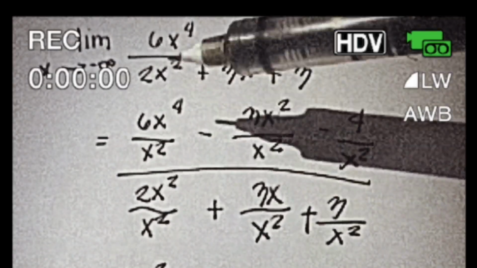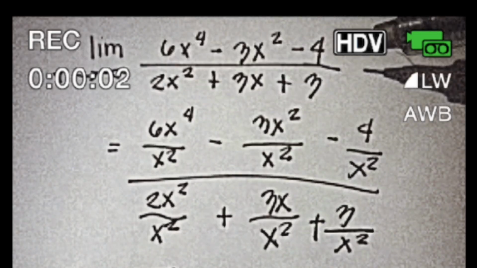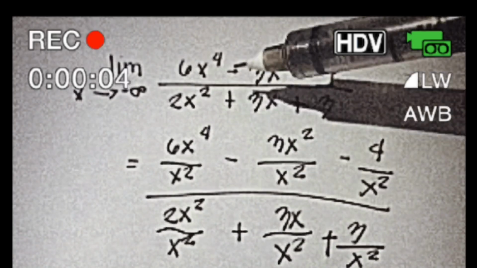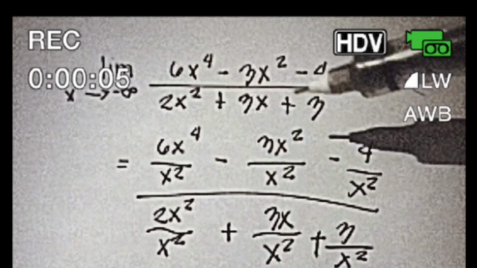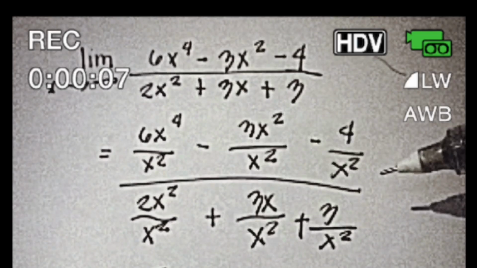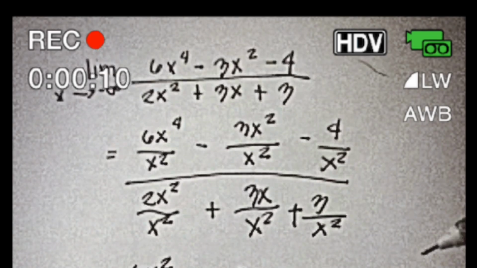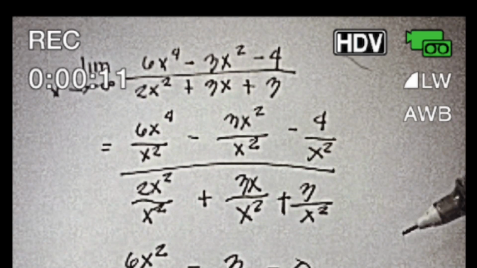Another: the limit of 6x raised to 4 minus 3x squared minus 4 over 2x squared plus 3x plus 3 as x approaches negative infinity. So, divide each term of the numerator and the denominator by the variable with the highest degree in the denominator.